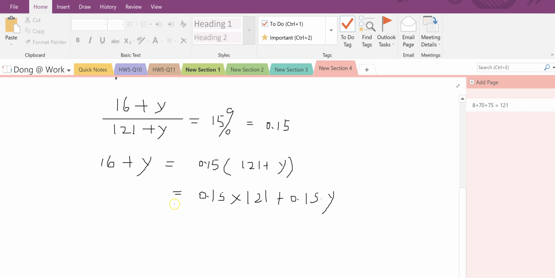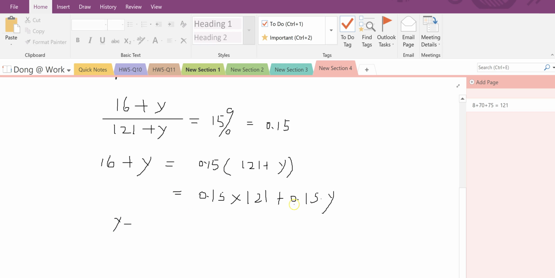Now the next step is simply to combine the terms involving y. We have a y on the left-hand side, and we have 0.15y on the right-hand side. So why don't we move this 0.15y to the left-hand side and then move 16 to the right-hand side? Remember, when we move terms to the other side, we have to change the sign.